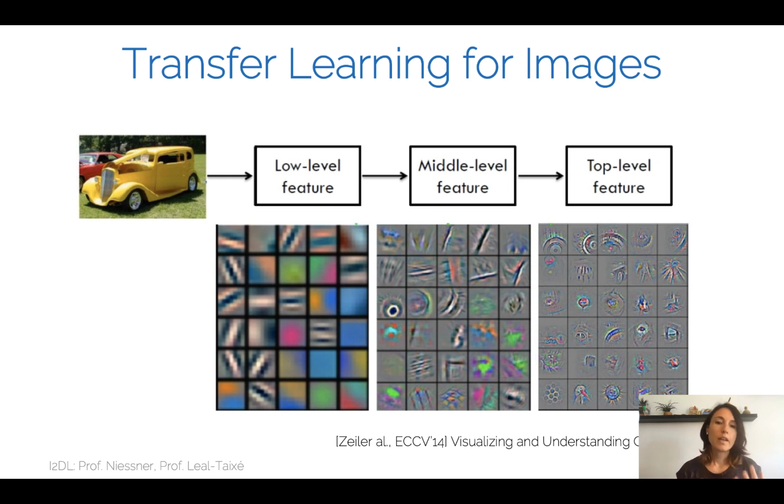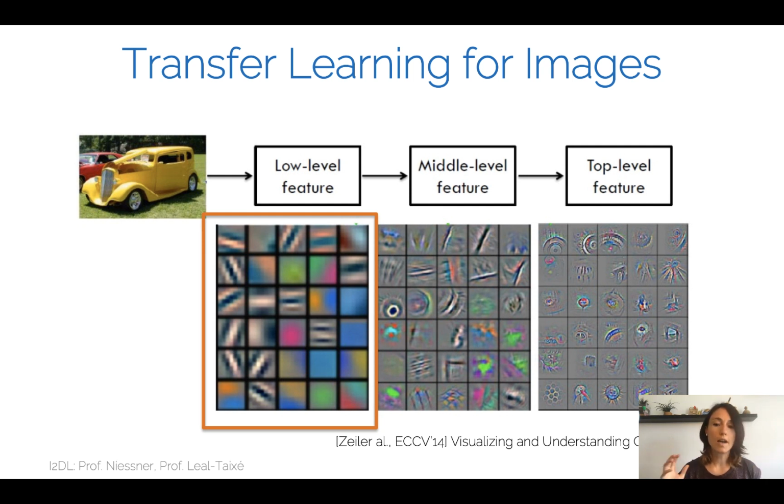And if we look again at the feature extraction that we saw before on images, the feature extraction that the CNN does automatically, and how we go from low-level features to mid-level features all the way to top-level features, which are already almost object parts, we can imagine that transfer learning can really leverage the low-level feature extraction, for example.